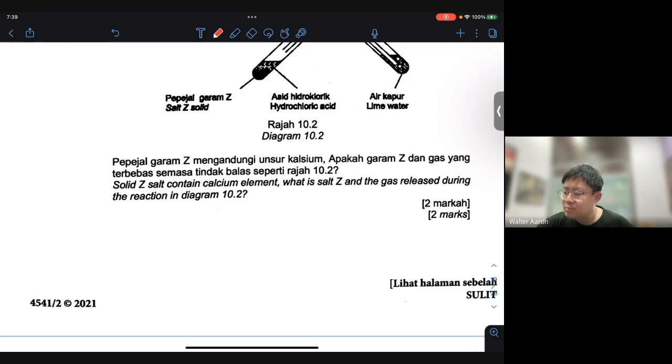Okay, salt Z is calcium carbonate again. So put here, salt Z is calcium carbonate.